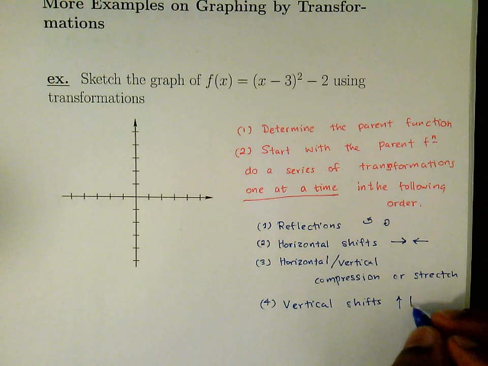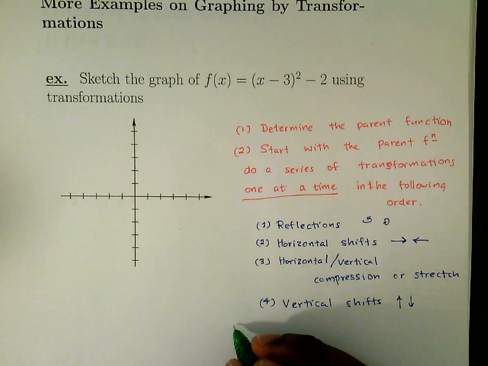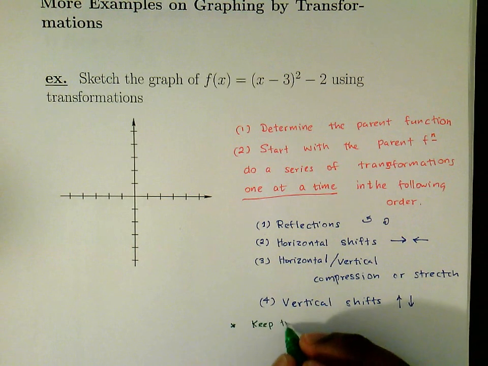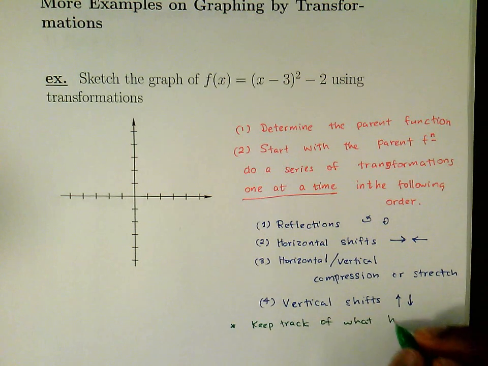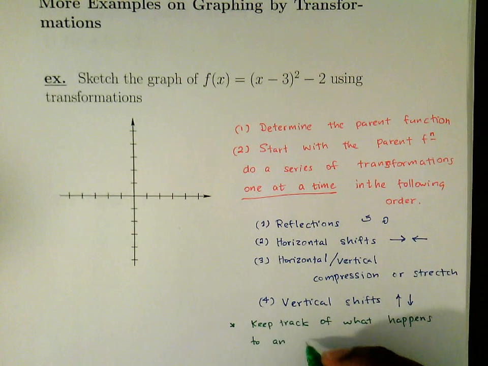So either like that. Now when you do this, you need to keep track of one of those important points. In some classes we will do 2 important points, but right now I just want you to keep track of one important point. So keep track of what happens to an important point.